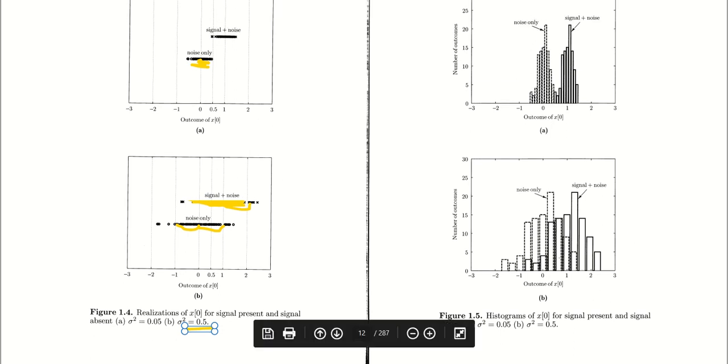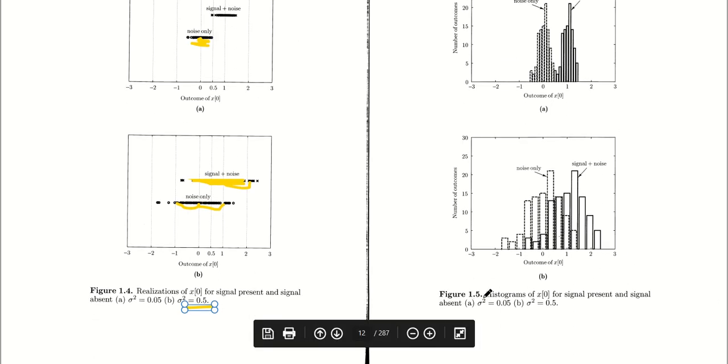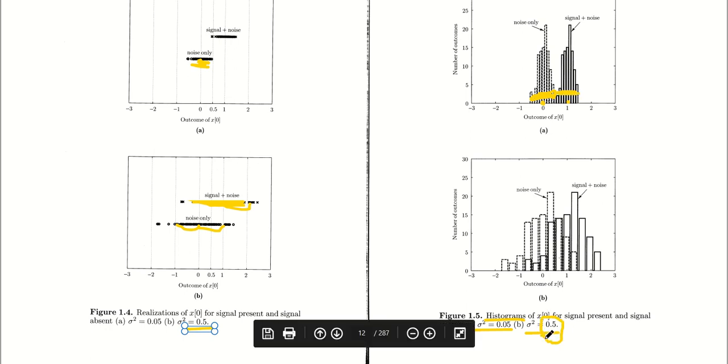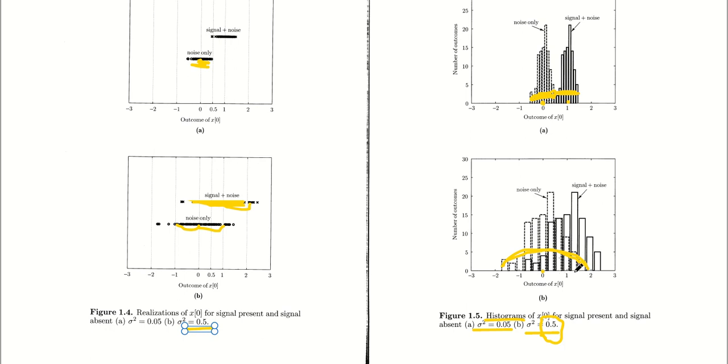Let's take a look at the histogram of this for two different variances. You again see it's 0, but it deviates around the area. And this is 1, and it deviates, right? If sigma is larger, 0.5, then you see that it deviates a lot. For this 0, it even covers a lot of probability, even up to this 1.